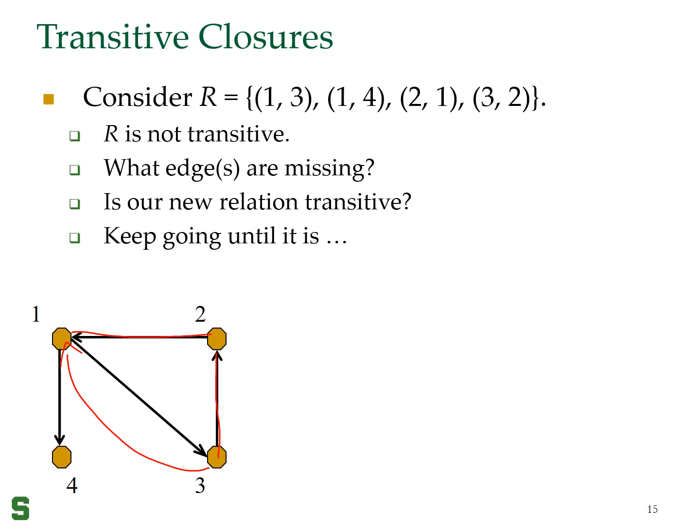If there was a multi-step path I could take from one vertex to another, then I'm going to add a direct edge between them. And that's how I'm going to get the transitive closure of the given relation. Some of the examples of things that would be added would be like this and like this.